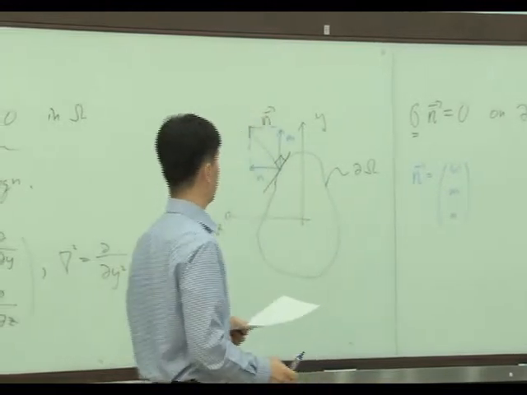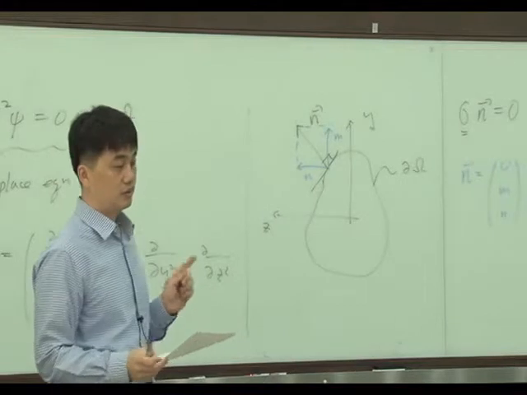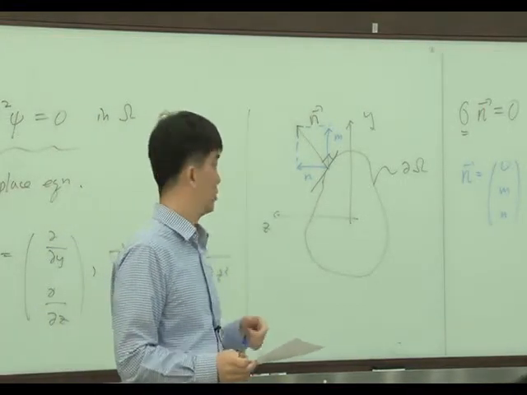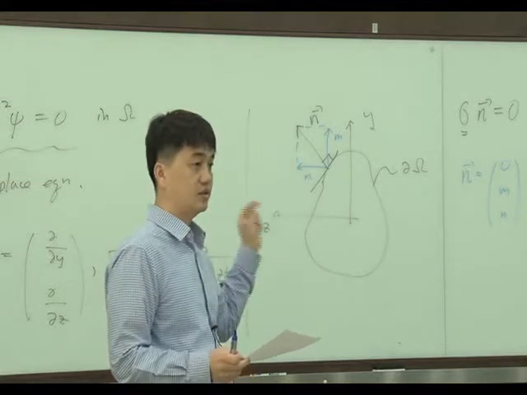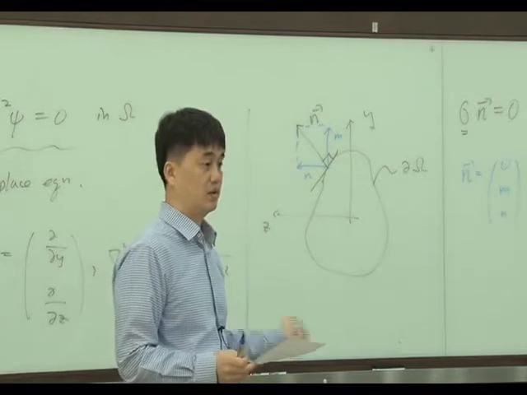N is the direction vector. So now, in this case, we are only considering a 2D domain. So in the x direction, the component of the vector should be 0.